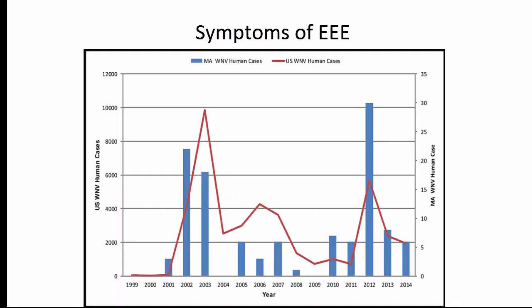West Nile virus in the United States and Massachusetts. As of August 2, 2016, a total of 36 states have reported West Nile virus, or WNV, in people, birds, and mosquitoes. Overall, 89 cases of WNV in people have been reported to the CDC. Nationwide, in 2003, the peak reached 10,000 infected people.